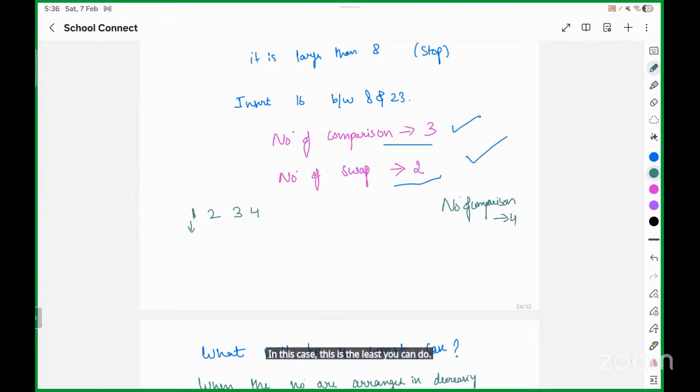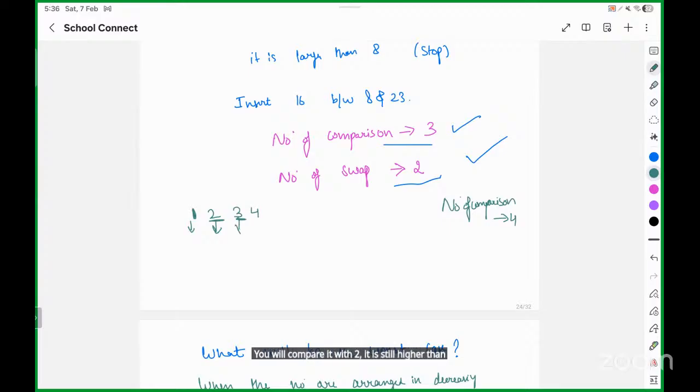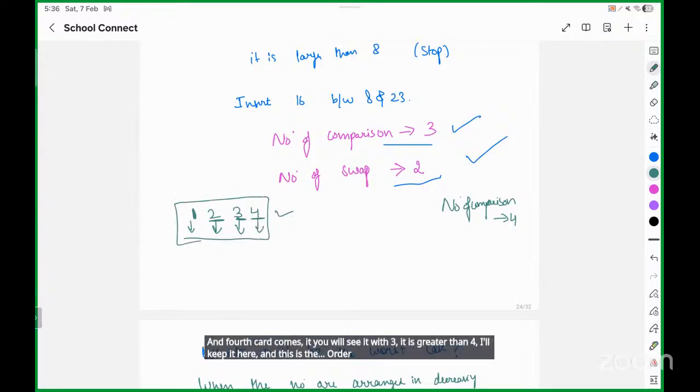The first card is 1, and then the card 2 comes, you compare it with 1, it is greater than 1, so you place it in the second index. Then the third card 3 comes, you compare it with 2, it is still higher, so you keep it here. And the fourth card comes, you see it with 3, it is greater, you keep it here. And this is the order which we again want.